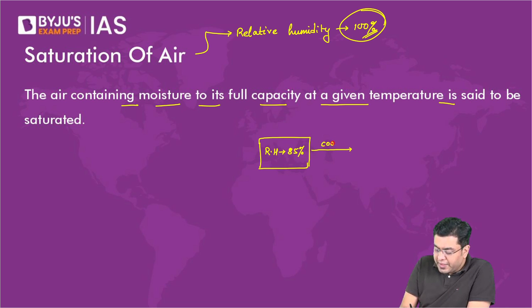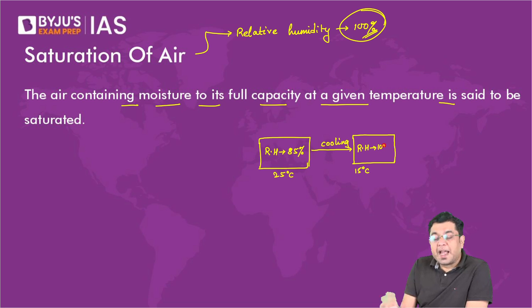The temperature is 25 degrees Celsius. Now when I cool it down to 15 degrees Celsius, the relative humidity becomes 100%. So the air has reached saturation.